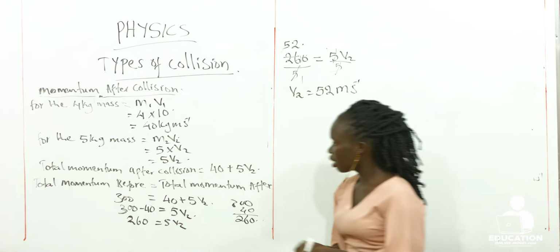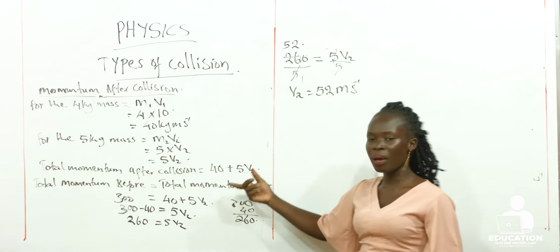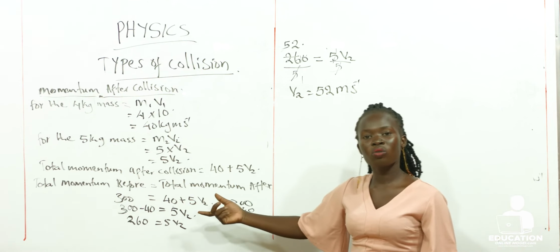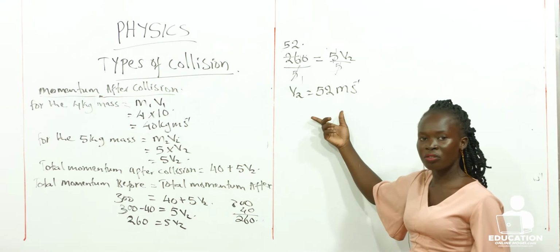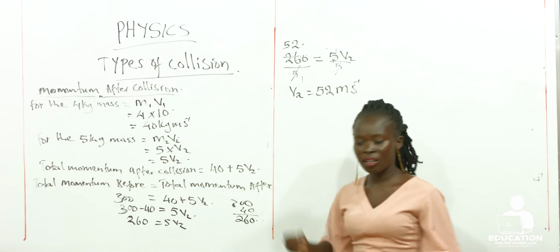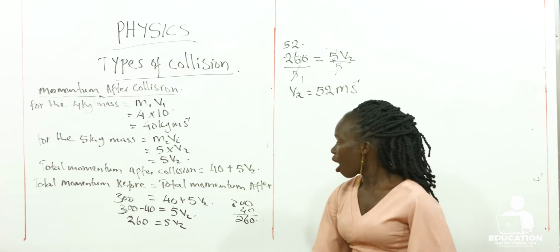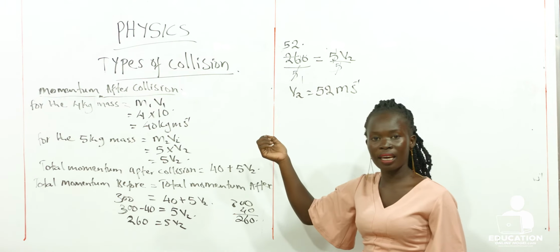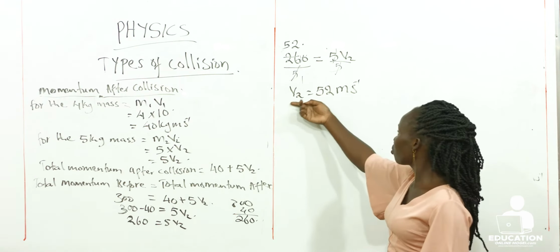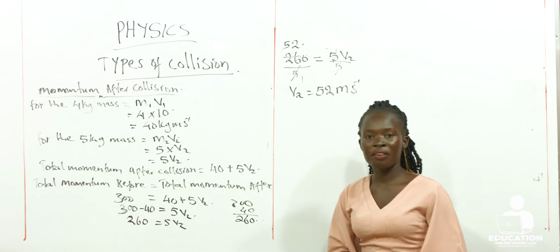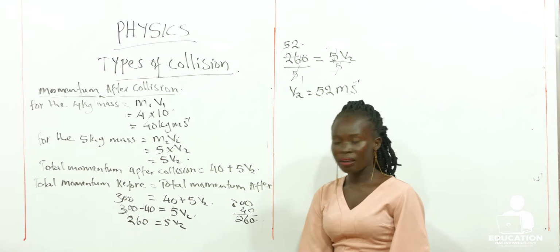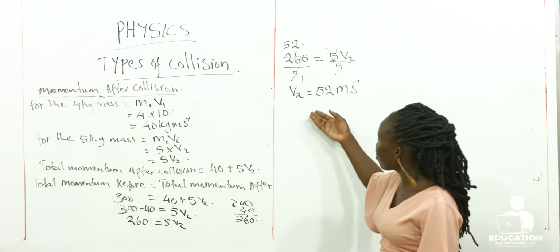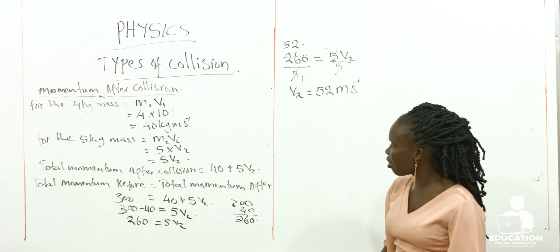Meaning that when you conserve the momentum, you get the velocity they want you to find. So after the two bodies colliding, our first body moves with a velocity of 10 meters per second, then the second one moves with a velocity of 52 meters per second. Is there any reduction in their velocities?